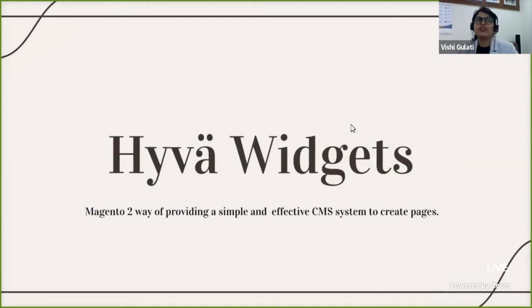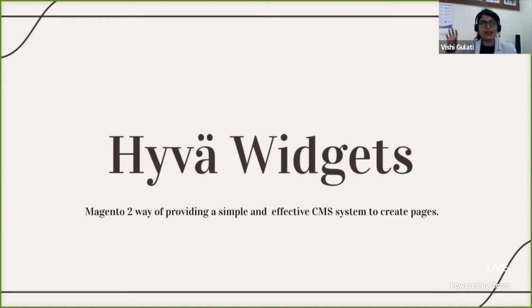Hyvä widgets. Up to now, we have used Magento widgets a lot. So the Hyvä widget is a native Magento way of providing us access so that we can use the CMS ecosystem, with which we are already familiar, to easily create and edit pages. So it is a good thing for us.